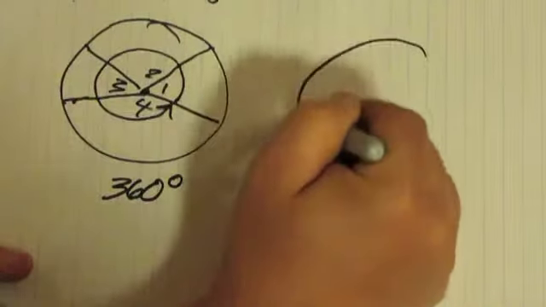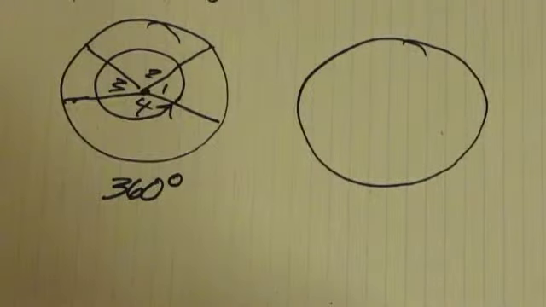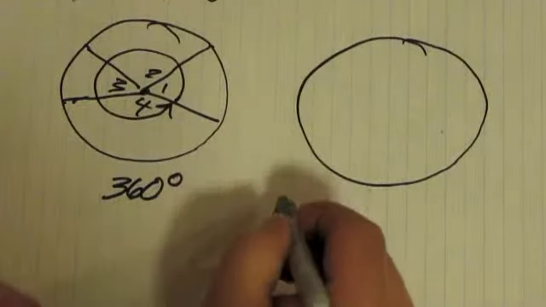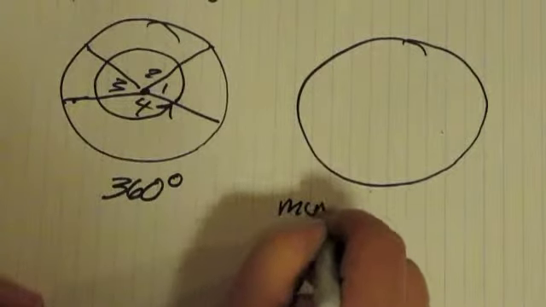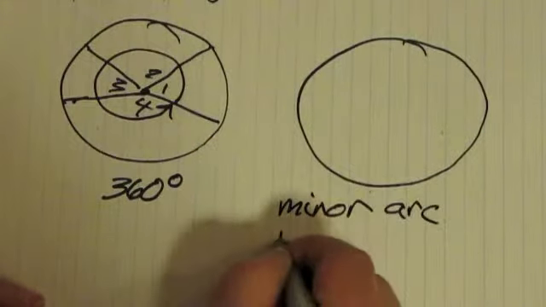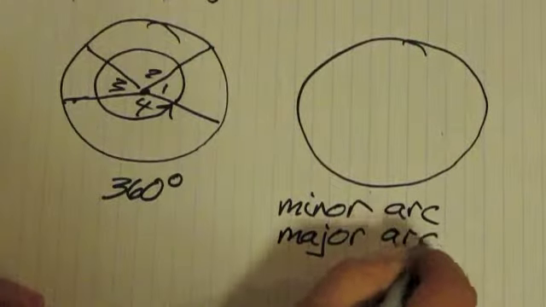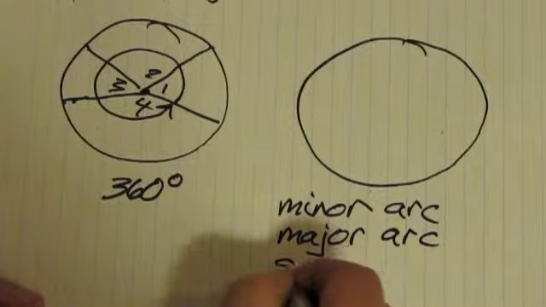Another application that we want to make sure we know about is arcs and arc measure and how to compare those things. The vocabulary is a minor arc, a major arc, and a semicircle.